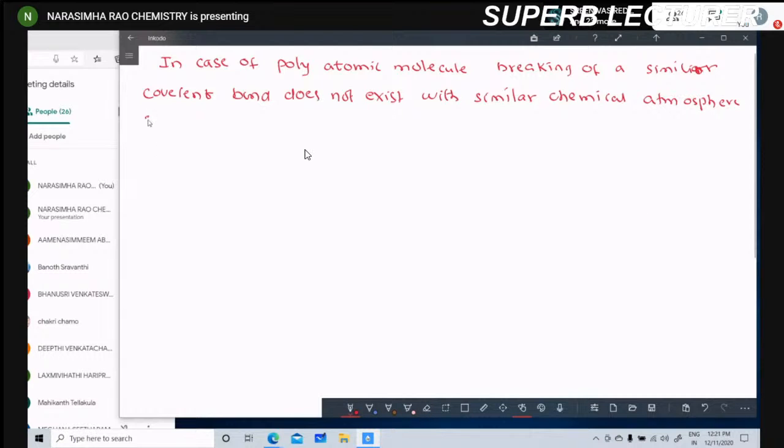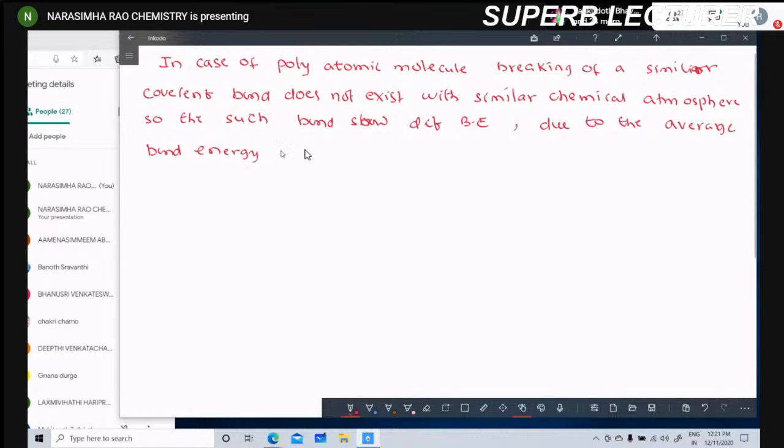So such bonds show different bond energies, and due to this, average bond energy will be expressed.